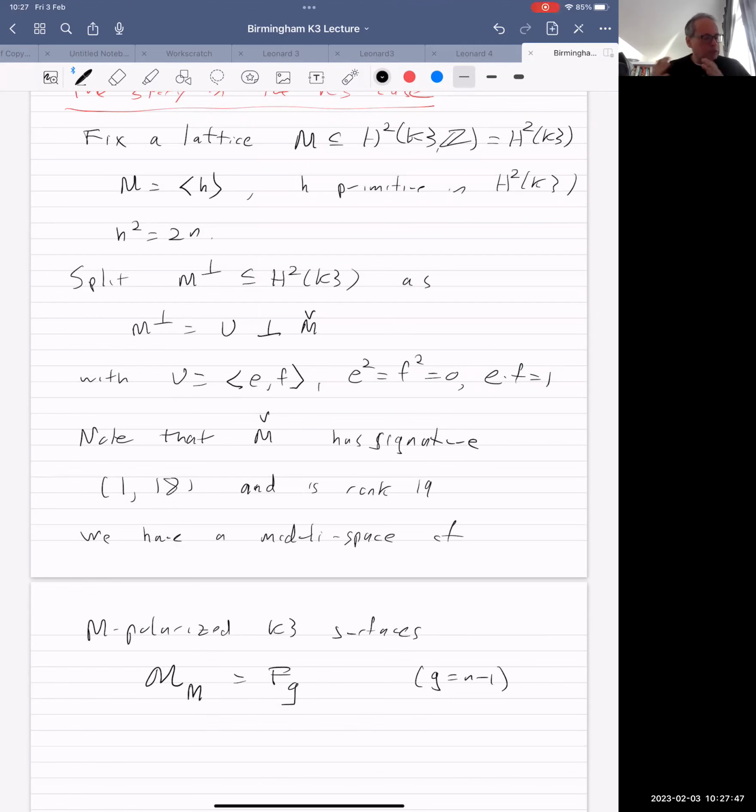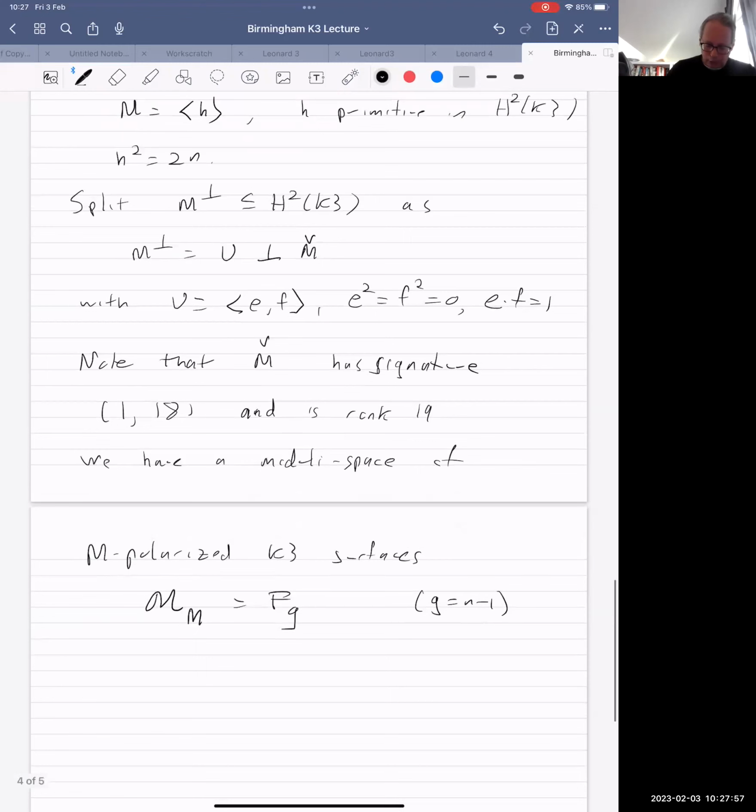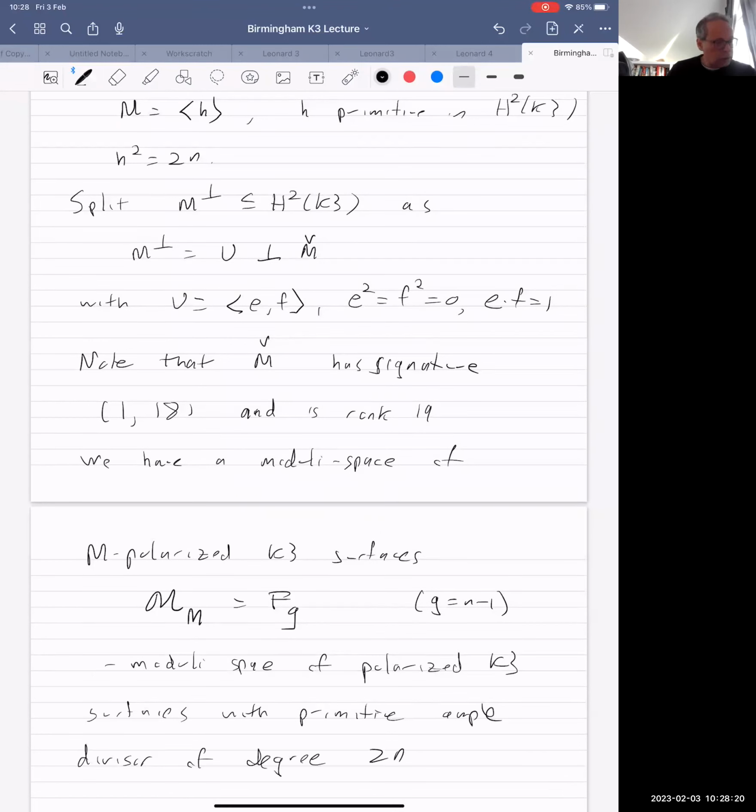This is the moduli space of K3 surfaces with a polarization whose hyperplane section genus is n minus 1. So this is the moduli space. Put another way, this is the moduli space of polarized K3 surfaces with primitive ample divisor of degree 2g.